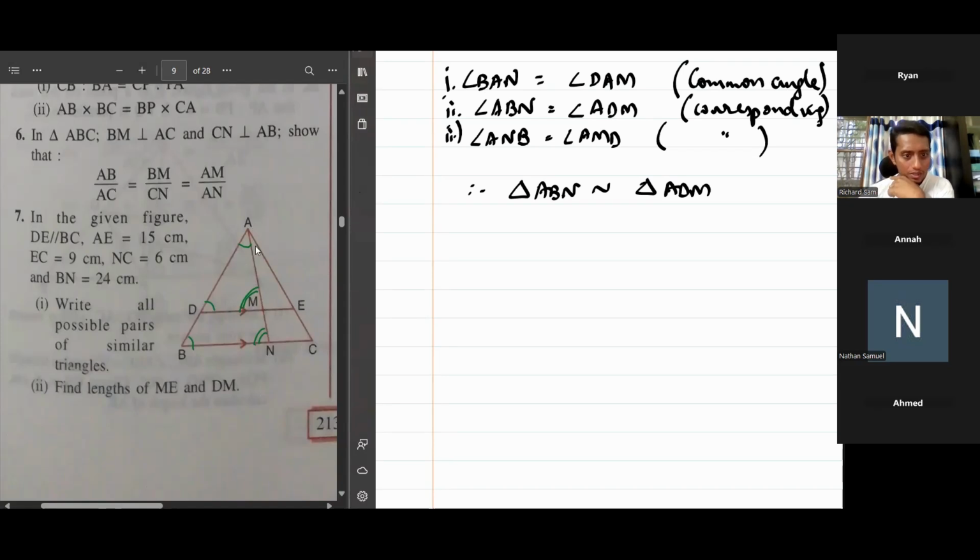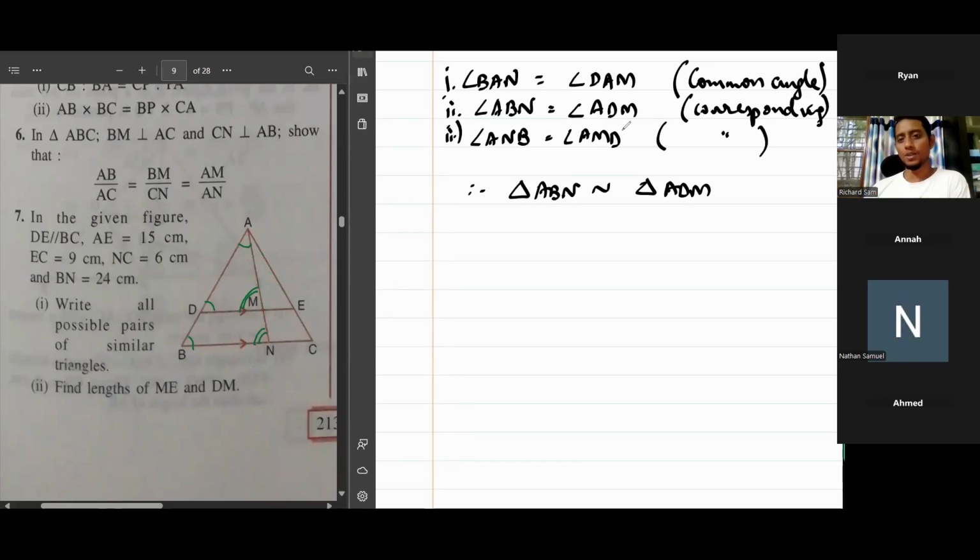Yes, this full big triangle ABC and ADE, these two triangles are similar. So the same we have to show. And next, which other triangle is similar? ANC and AME. They're also similar. So you have three sets of similar triangles here.